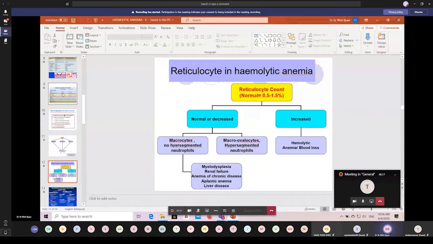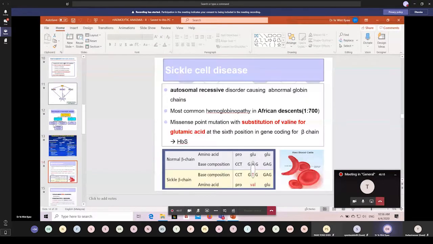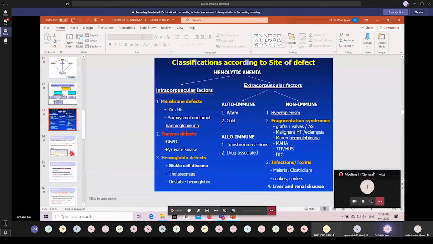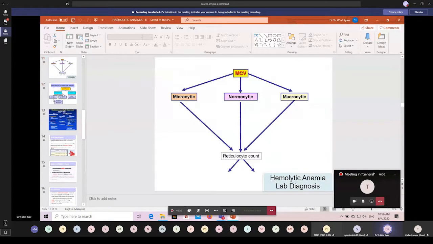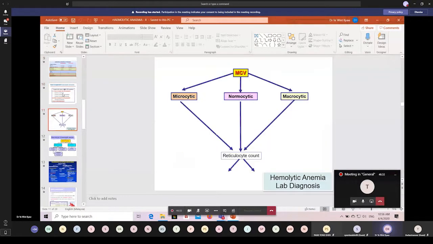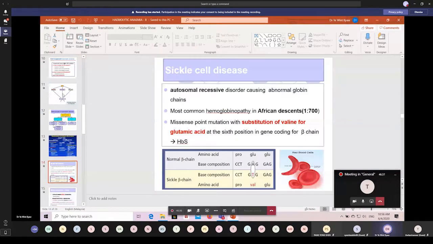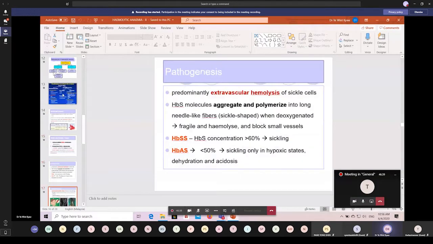You should know general features of hemolysis also. You need to know what are autosomal dominant, what are genetic causes, what are non-genetic causes. Immune, non-immune is optional. You should know at least what are genetic causes of hemolytic anemia and what are non-genetic causes.